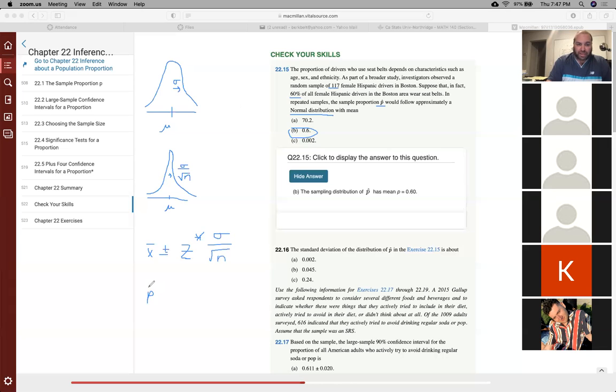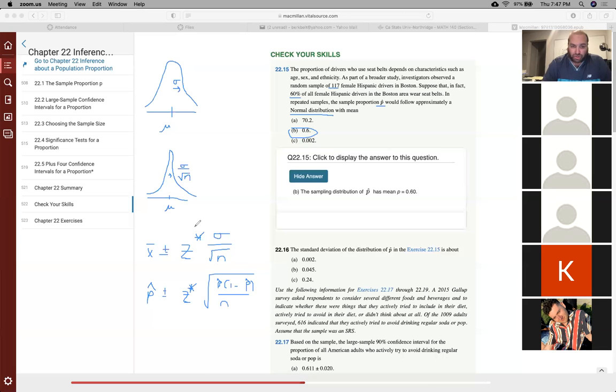Now we have p hats plus or minus Z star square root of p hats times 1 minus p hats over n.